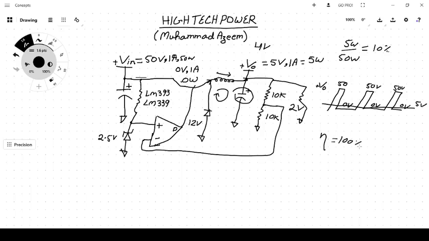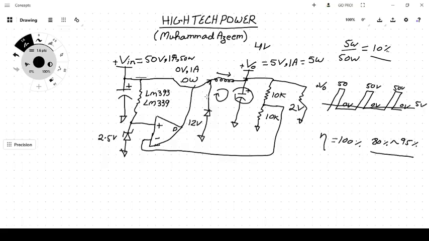So it is 100% efficient, but due to the physical behavior of the transistor, the efficiency would be less than that, maybe from 80% to say 95%. So we see that in the linear regulator the efficiency was only 10%, whereas in the switching power supply it is increased to 80 to 95%.